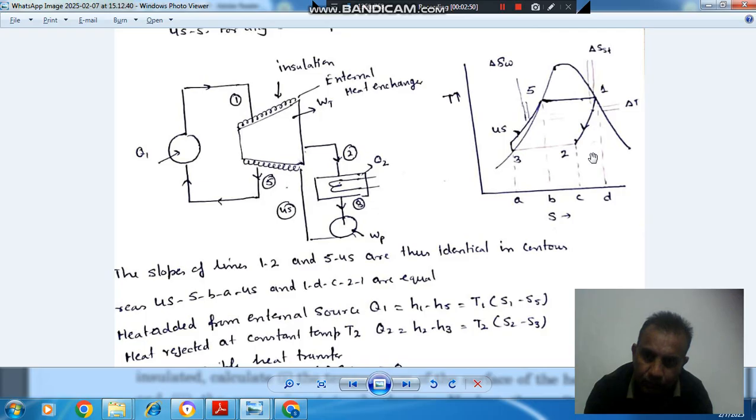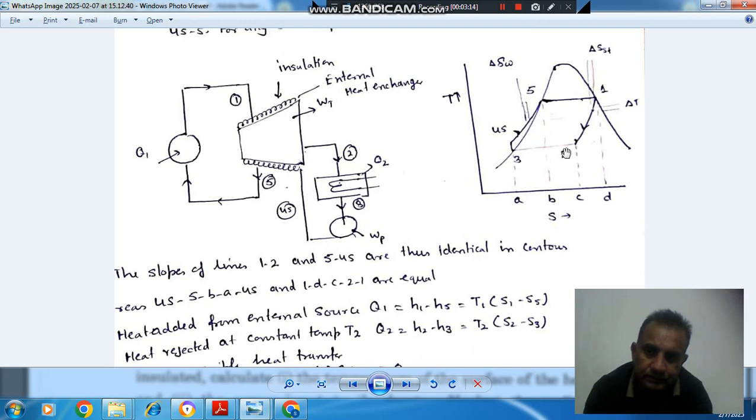Heat that is lost here is applied to this water, and there is no heat gain here from outside. So heat gain from outside is only during 5 to 1, and heat loss to the surroundings is only 2 to 3.